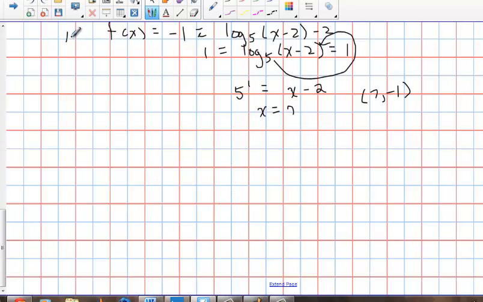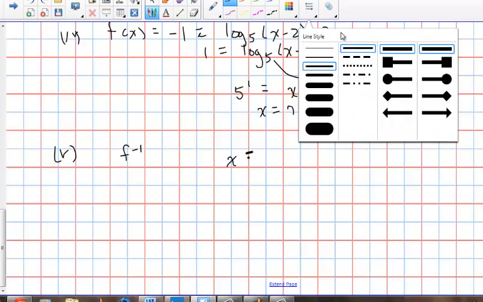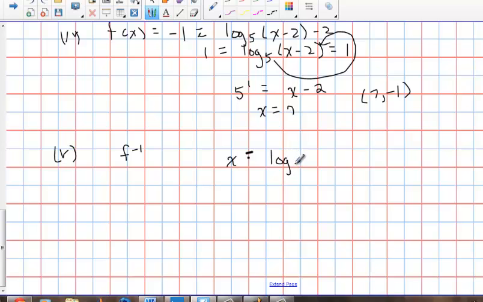Okay, and then the last thing we're going to do is find f inverse of x. So this is part 5. We want to find f inverse, so what we need to do is switch the x and the y. Now we switch, and we get x is equal to log base 5 of y minus 2, minus 2.